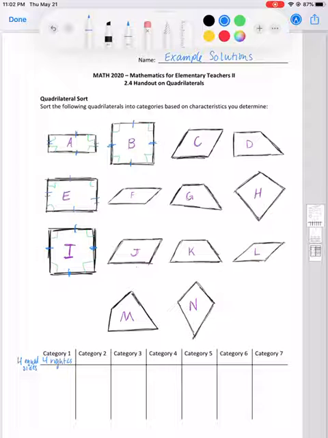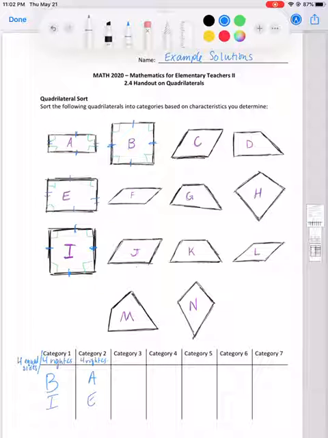And there are some that just have four right angles. That was A and E.